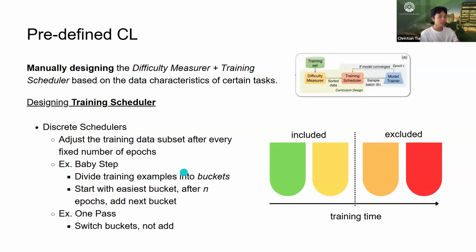Based on the research that has been done on discrete schedulers, it's been found that baby step is more prevalent, more used, because one pass has the risk of forgetting the earlier problems, and also the generalization ability of baby step is greater because you're always gradually increasing the training data instead of limiting it to some fixed size per bucket.